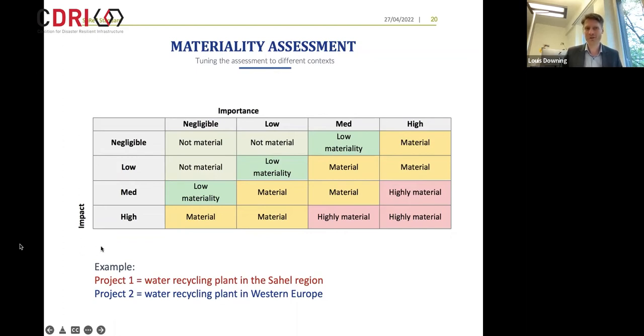And the impact of the project upon that topic would be the same, because it's the same project. So let's say that's high, or let's say that's medium. Then you'd have a highly material criterion for the same project located in the Sahel region, and a medium material rating for a project located in Western Europe.